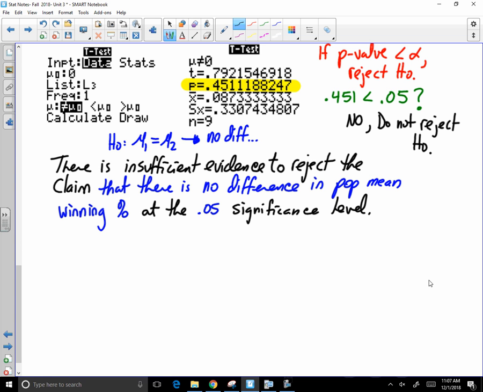Nobody was claiming that there was a difference. So if you were to write, for example, therefore the claim of a significant difference is true, you wrote something that didn't need to be there, and it's also incorrect. Because it should be false, but you wrote true. So that's what I was talking about before, where you would lose credit for something that you didn't need to do in the first place.